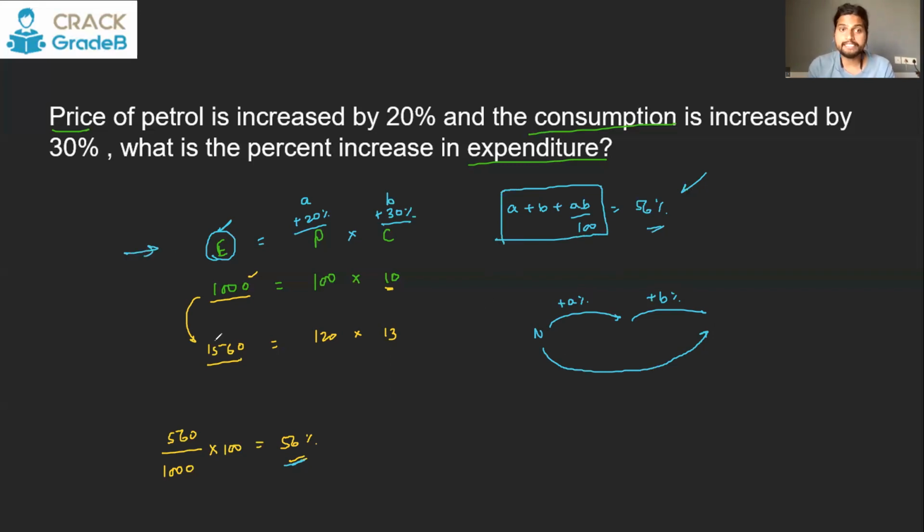Or, as in this case, if there is a quantity which is a product of two quantities, like expenditure is the product of price into consumption, and price increased by A percent and consumption increased by B percent, that makes expenditure increase by A plus B plus AB upon 100. Same goes here: if X is a product, Y increased by A percent and Z increased by B percent, then X increased by A plus B plus AB upon 100. So in two different conditions, the successive percent change formula can be used.